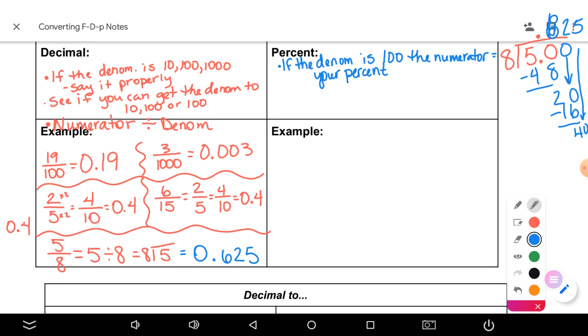Those are the easy ones. The hard ones are you can't go. If you can't get the denominator to 100, you cannot get directly from a fraction to a percent.